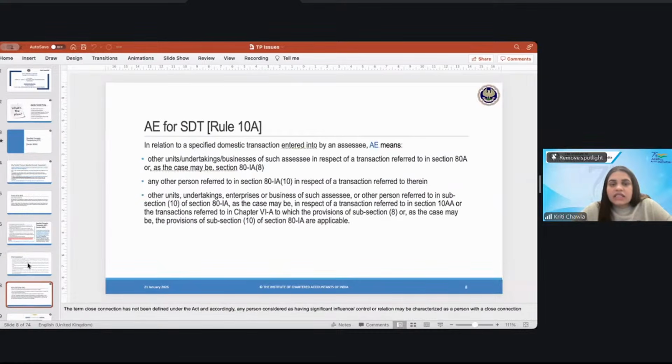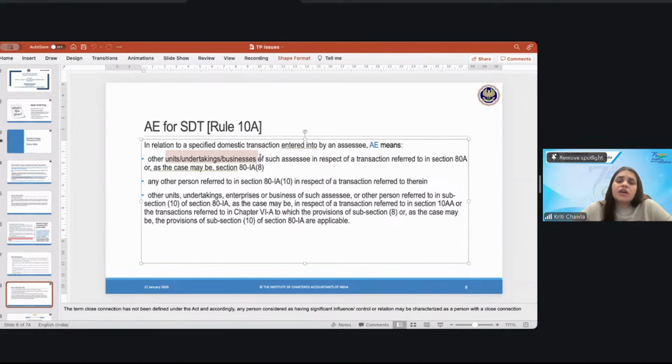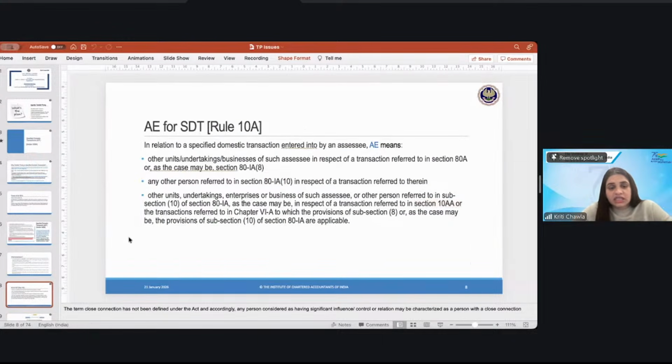This is just a slide that talks about what is an AE with respect to specified domestic transactions. It's the same thing. It talks about all these units which are claiming, which are referred to in section 80A, 80IA, 80IA(10), or any other unit which is referred to in section 10AA, etc. So everything that we've discussed.